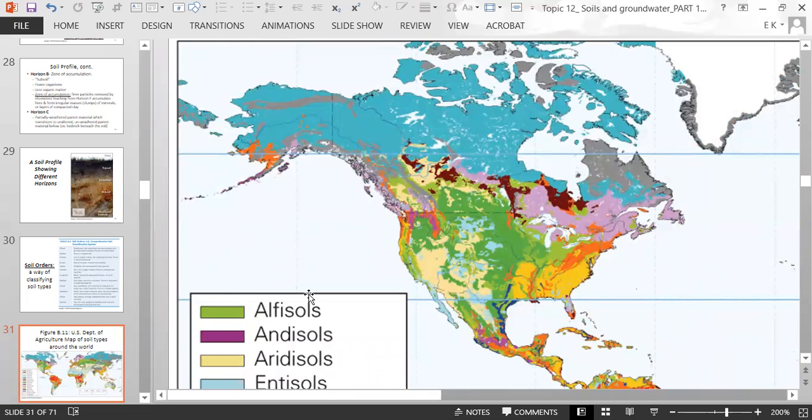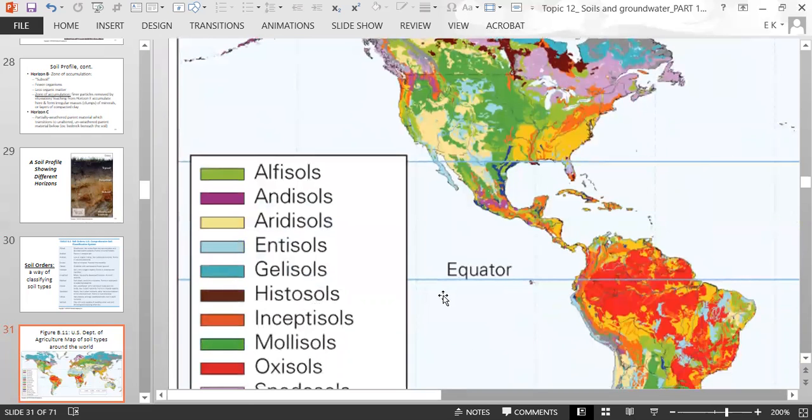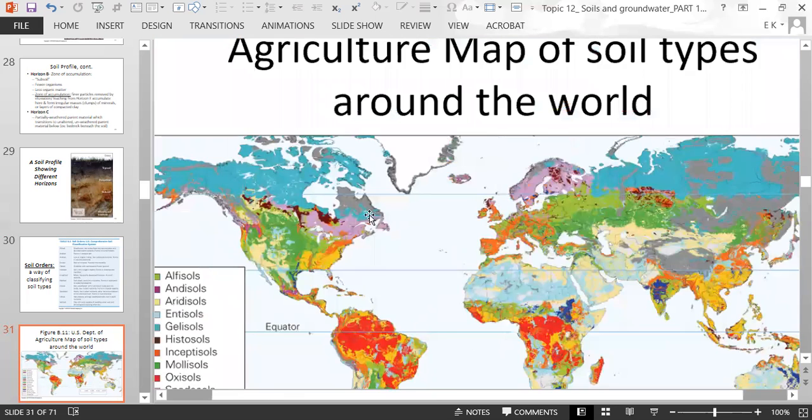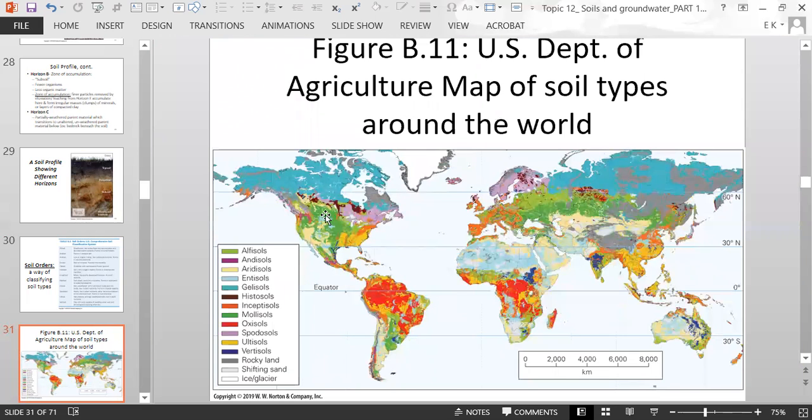Some of that is light green, and then some of it is the darker green. So the middle of the country is where we have the grasslands, where we have a lot of our farming, a lot of the farming in this country goes on in the middle of the country, right? So that's Mollisols, some Alfisols.